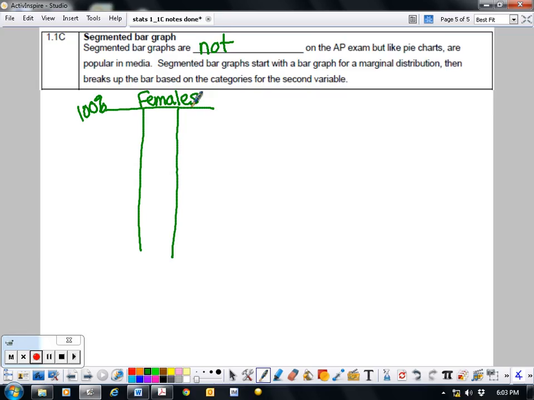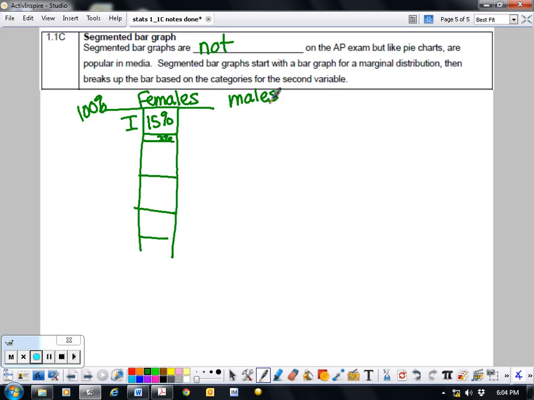So with females, we had 15% for invisibility. We had 3% for this, and then just break up that 100%. And over here we do the same thing for males.